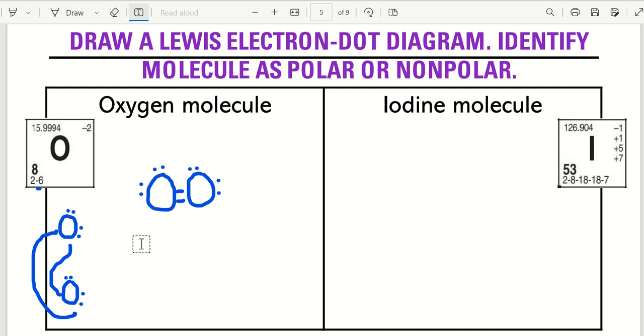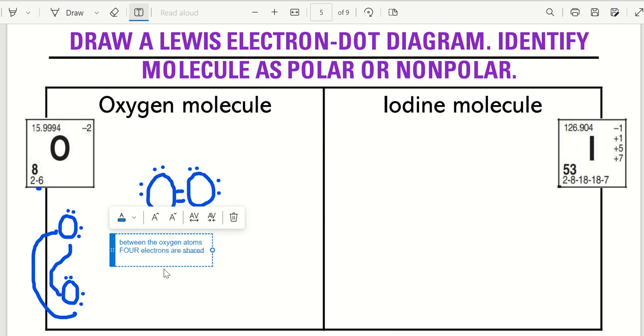All right, so if we talk about this here, between the oxygen atoms, 4 electrons are shared, or 2 pairs of electrons are shared, or it is a double bond, a double covalent bond.